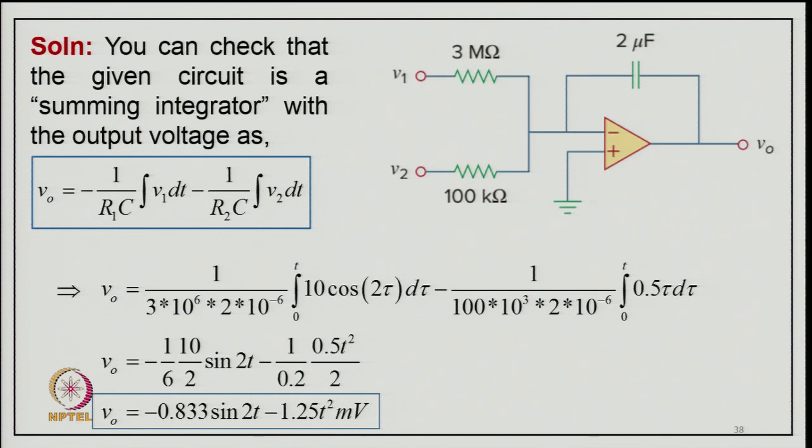So, it becomes minus 1 upon 6, 10 by 2 sin 2t, minus 1 upon 0.2, 0.5 t square by 2. So, V0 is equal to minus 0.833 sin 2t minus 1.25 t square millivolt.